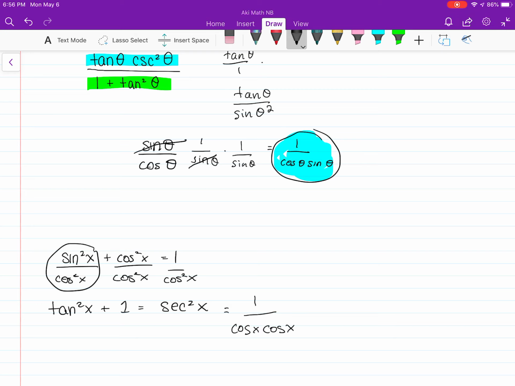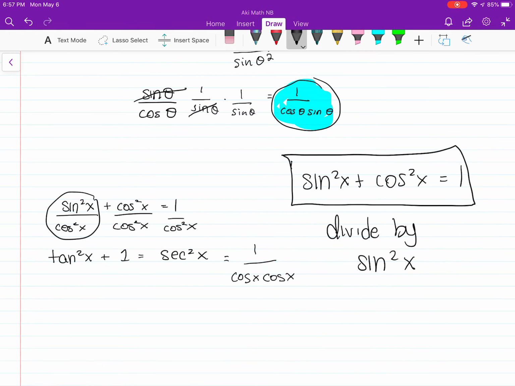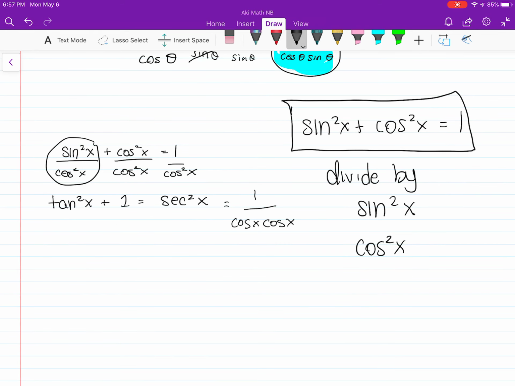Wait, is that just like a rule, or is that? Yes, it's a derivation off the original identity of sine squared x plus cosine squared x equals 1. From this original formula, you can either divide by sine squared x or by cosine squared x, and you get 2 extra identities. So when we divide by cosine squared x, we get 1 plus tan squared x equals secant squared x.